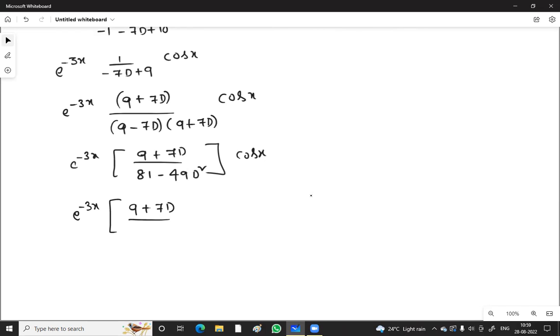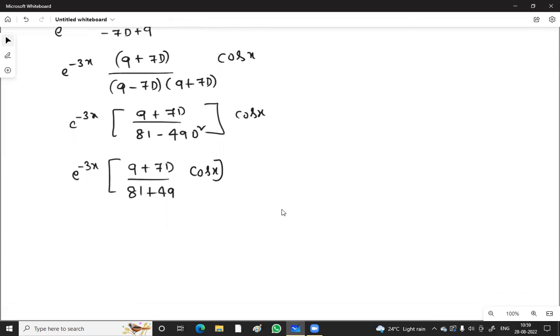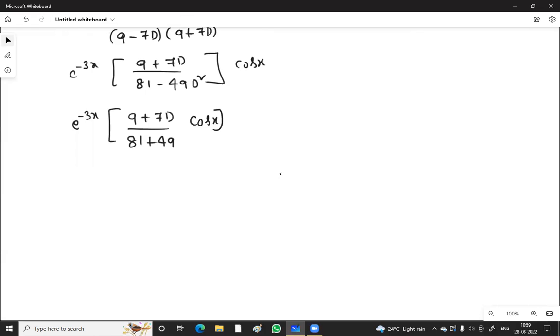It means 49 into minus 1, it means plus 49. 81 plus 49, you have to operate on cos x. So e to the power minus 3x over this constant, 81 plus 49, you can add it, 130. You can put 130 here.